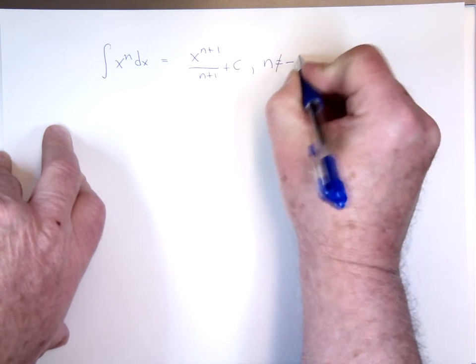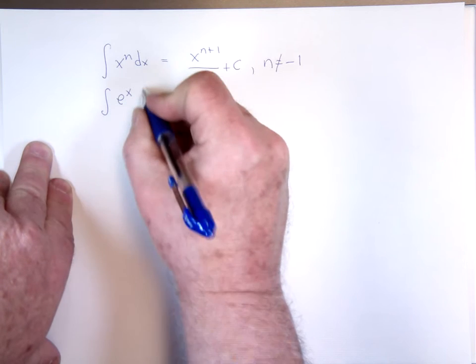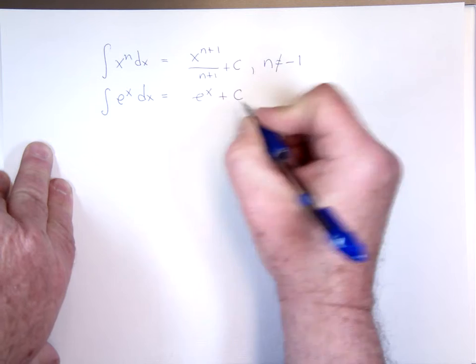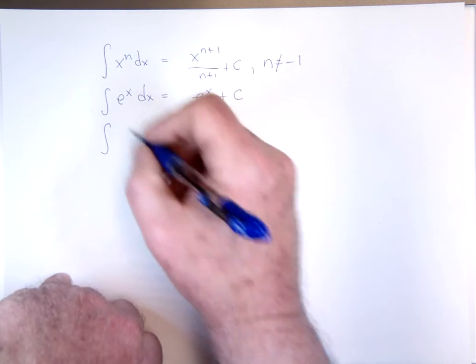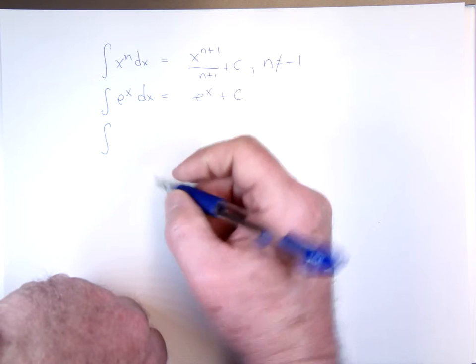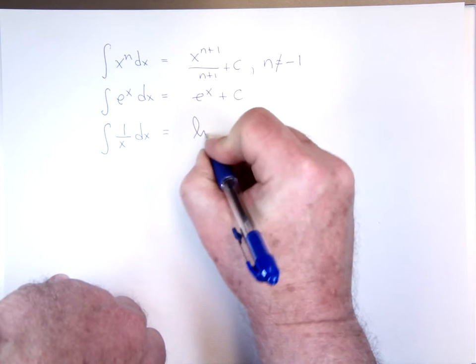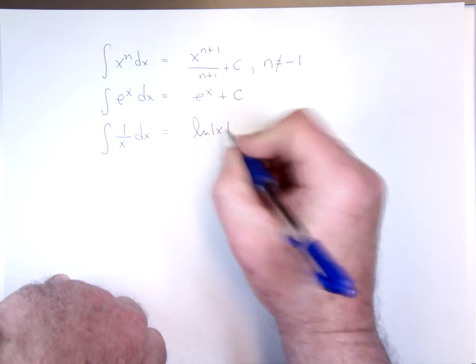We have the integral of e to the x dx, which is e to the x plus c. Did I do 1 over x? I think I had to mention it because it was part of a homework. The integral of 1 over x dx is the natural log of x. Actually, it's the natural log of the absolute value of x plus c, okay?